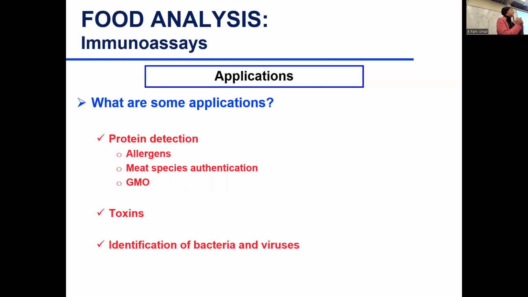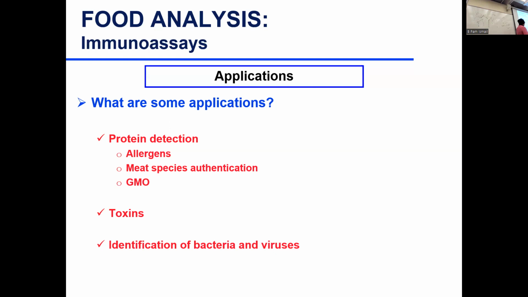That's how you can find if you have horse meat or something that is not supposed to be in your burger. It's supposed to be beef, and then you found horse meat or you found pork meat in your beef. So you would use antibodies specific to a protein that is only found in horse, so that you can detect whether that meat has a different type of species than what you thought it is.